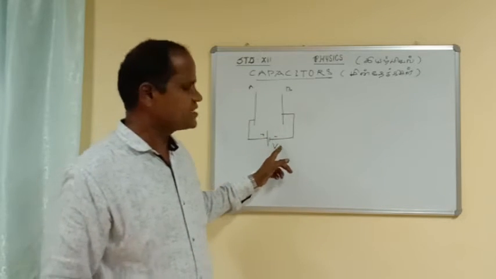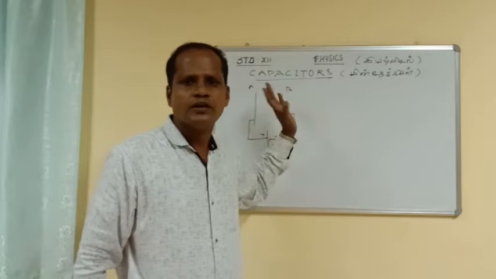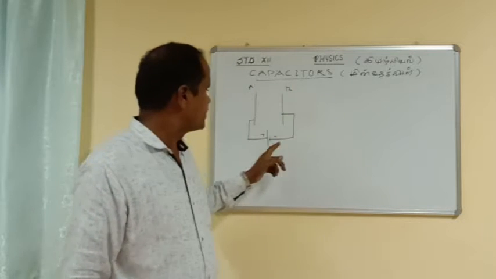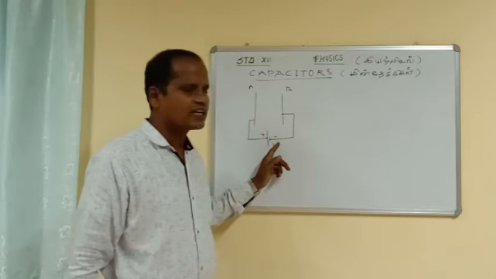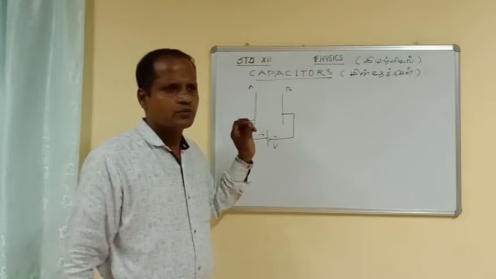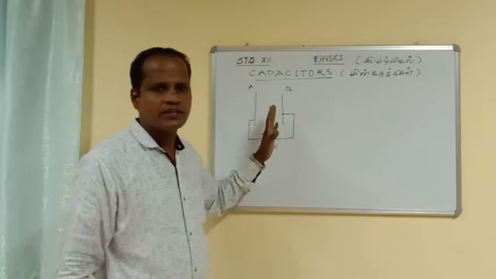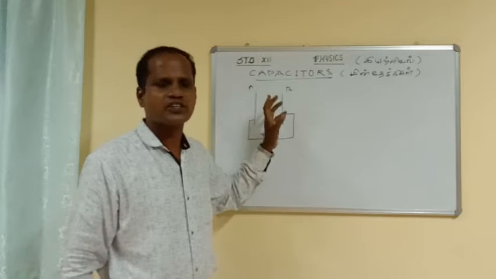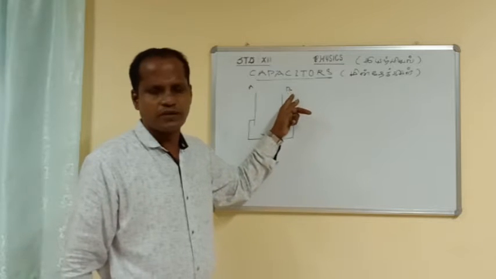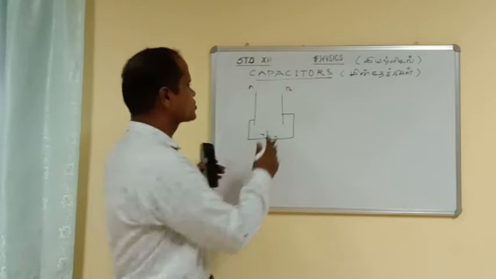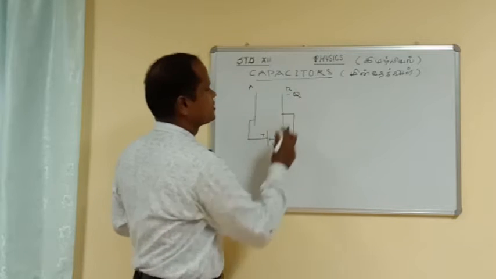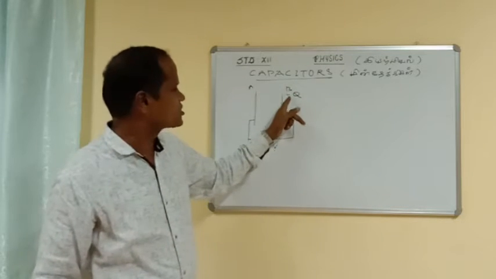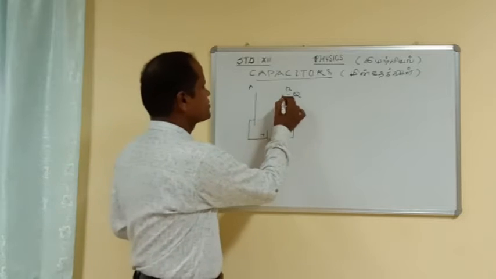As soon as the battery is connected to the plates, here the negative terminal will be pushing or repelling negatively charged electrons towards plate B. For example, minus Q amount of charge of electrons are repelled towards B, so this becomes negatively charged.